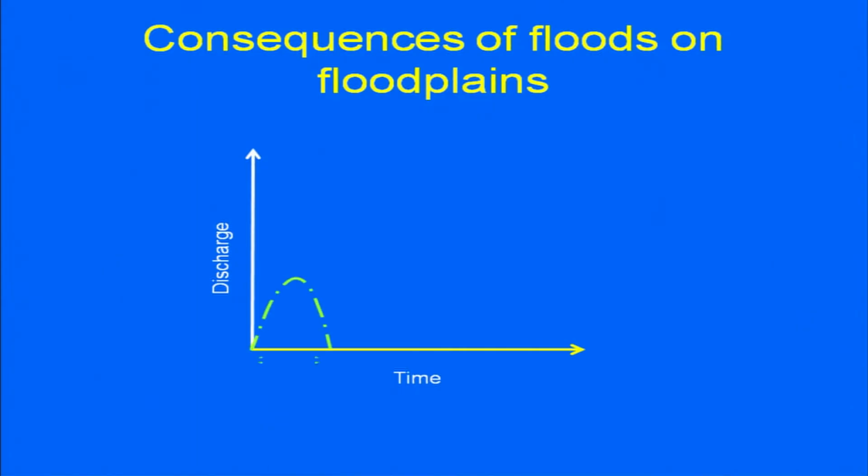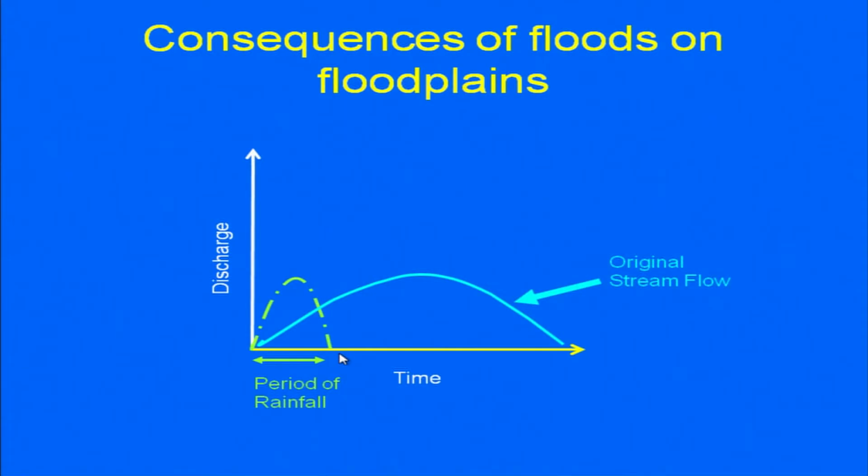Take a constant period of rain. This is the time when the rainfall was experienced, and this was the original stream flow. This pink one is comparatively the peaked one, and the discharge is very high, whereas here the discharge is very low.